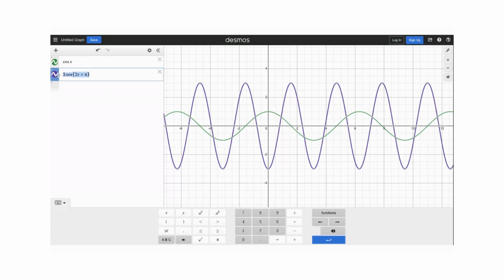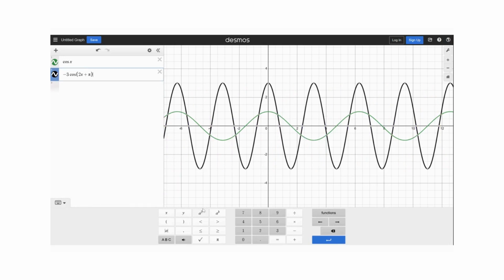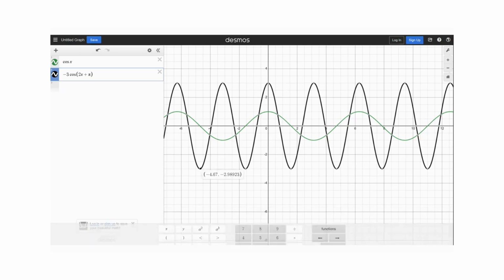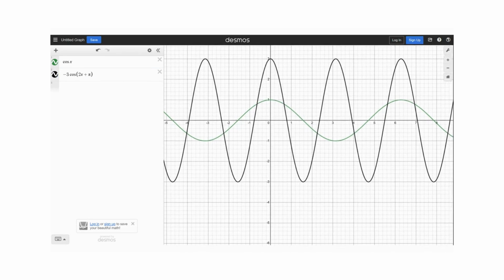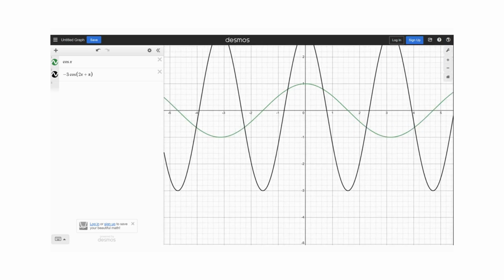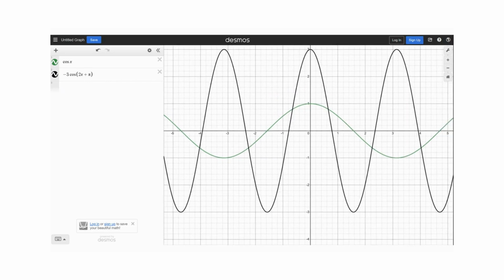All right. Now, what happens when we put a negative in the front? Let me take this one out. And our focus was between negative pi over 2 and pi, we know to be 3.14.